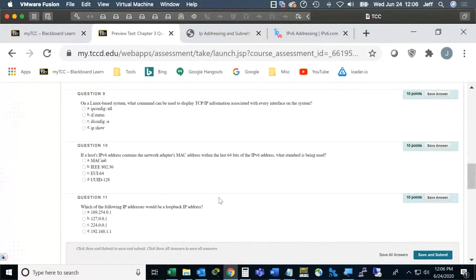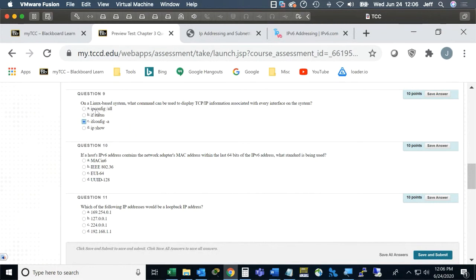On a Linux-based system, what command can be used to display TCP/IP information associated with every interface on the system? Close, right? Oh, Linux. Yeah, sorry. Yes, that's exactly it.